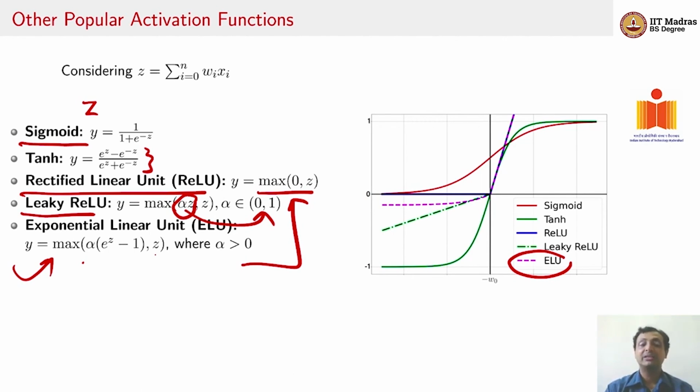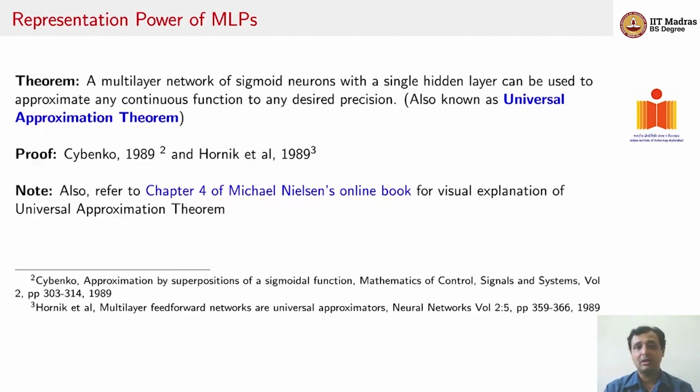We will see these activation functions a bit later in detail, but all that we are trying to tell here is that the activation function is important for us to understand how well multilayer perceptrons can model non-binary data, non-Boolean data. And that's where the study of the representation power of multilayer perceptrons, MLPs, comes in.